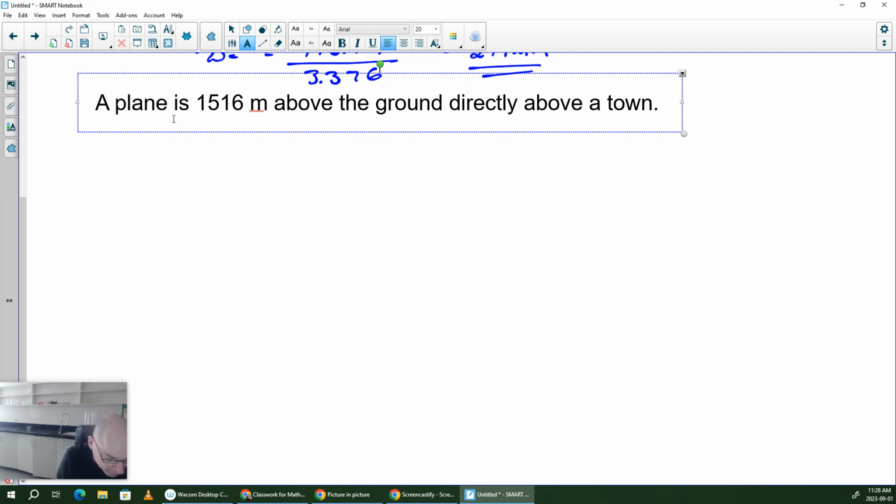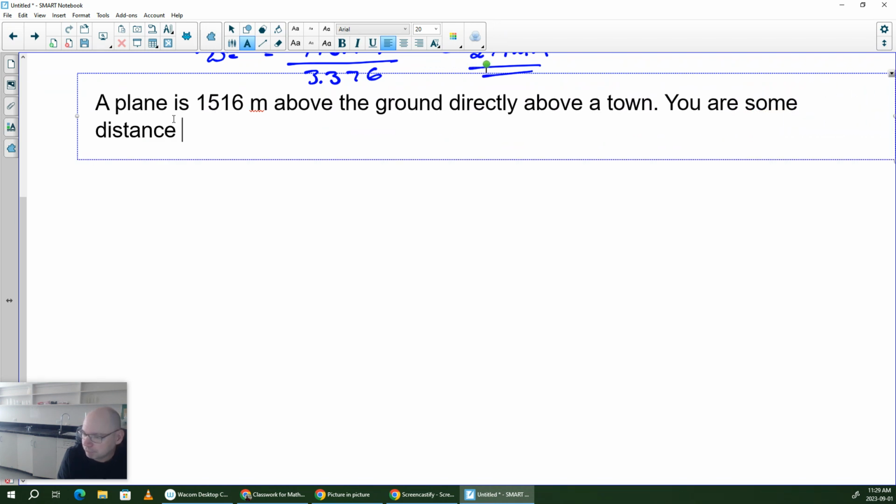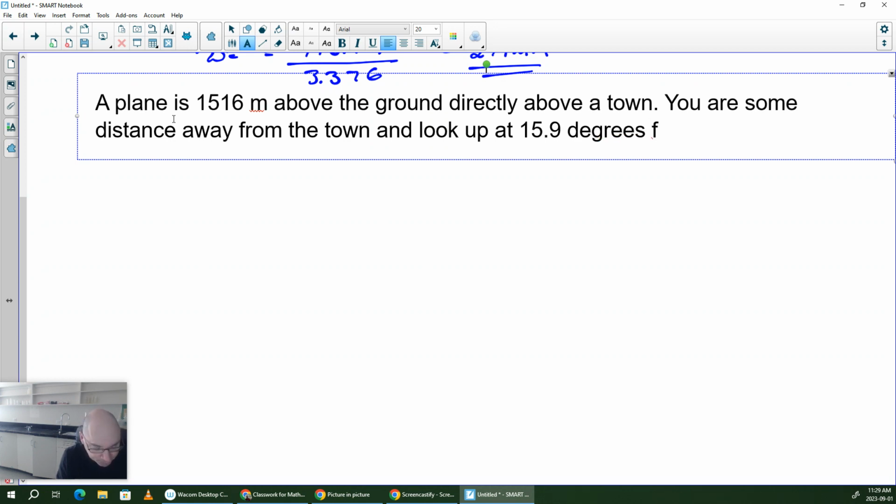Okay, and then it says you are some distance away from the town, and look up at, let's say, 15.9 degrees from the ground level, also known as angle of inclination.